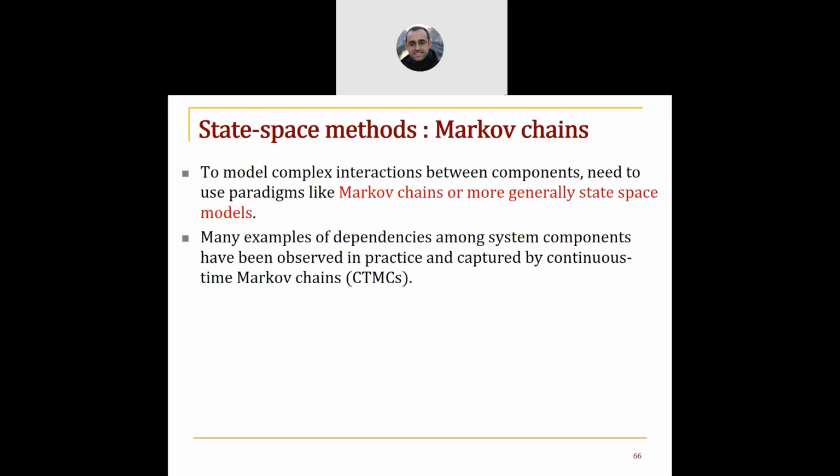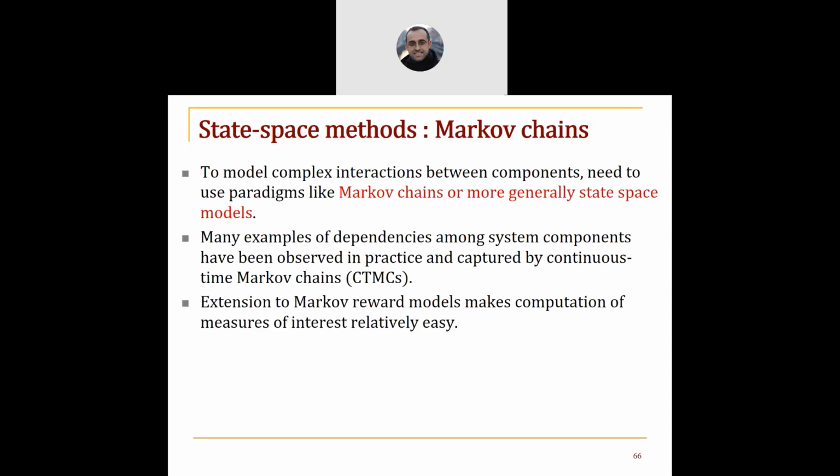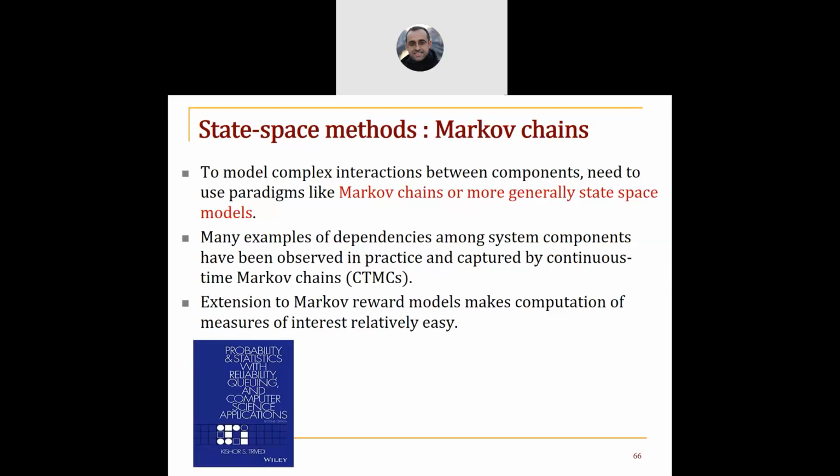And many examples of dependencies among system components have been observed in practice and captured by homogeneous continuous time Markov chains. And extensions to continuous time Markov chains using reward rates makes them Markov reward models, which makes the computation of measures of interest relatively easy.